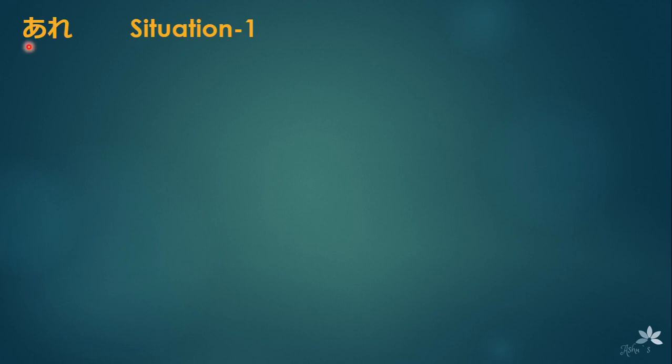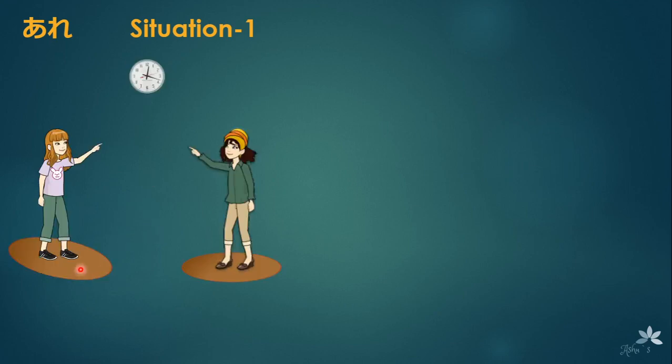Let's see are. Are, as I told you, is that over there. In situation 1, the speaker and the listener are apart from each other, and the object, the clock here, is far away from both of them.